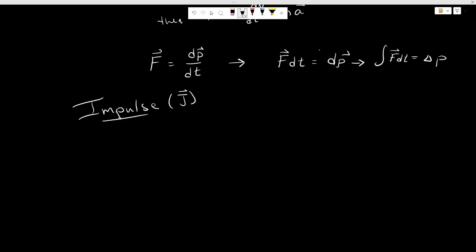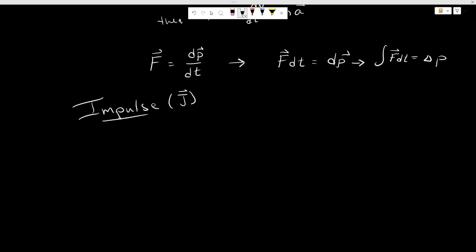Newton obviously was a Latin scholar, as pretty much everyone of his age was. And so it's kind of clever that impulse is J, because basically it is I, but in Latin, I and J are the same letter. So it's an interesting thing. You can talk to Dr. Dombrowski about that if you really want to.